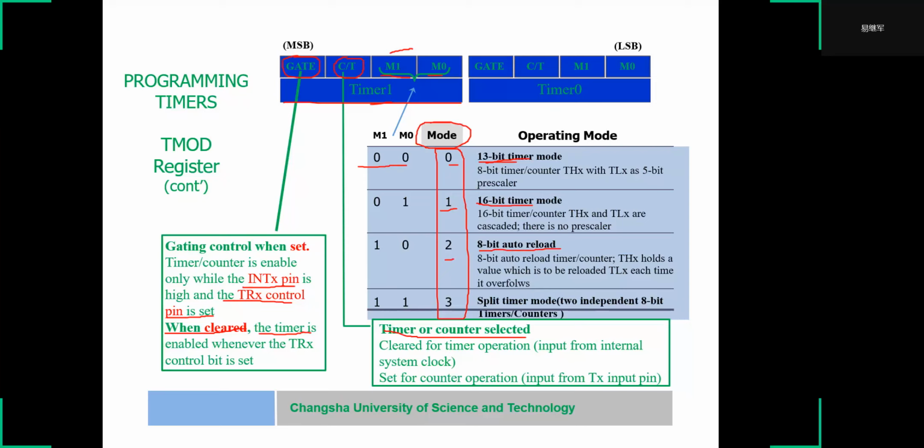After the timer is finished, the value can be auto reloaded to the register. Mode 3, split timer mode, two different 8-bit timers.